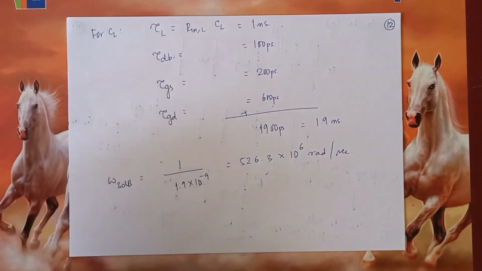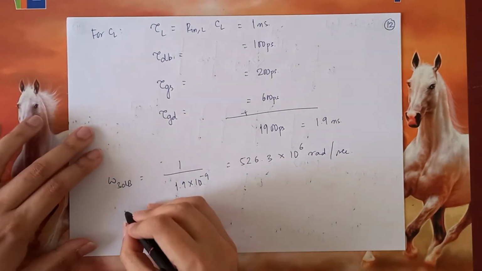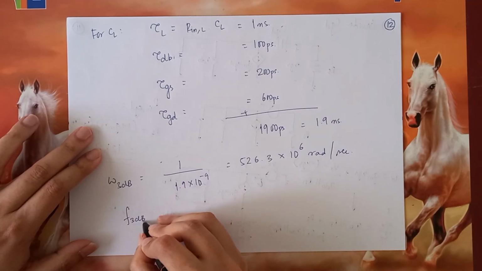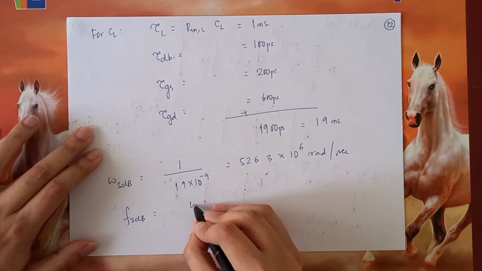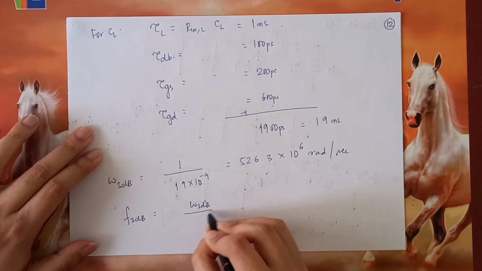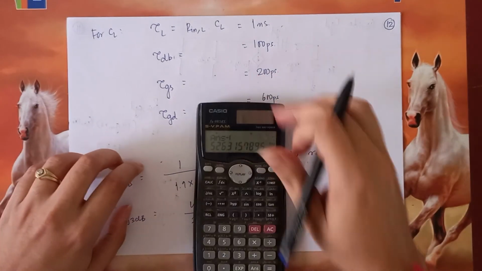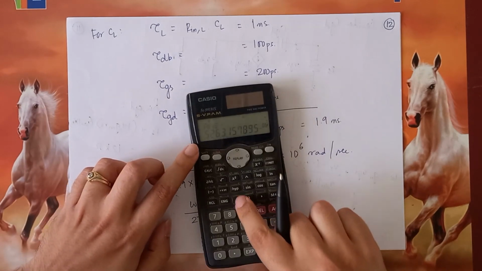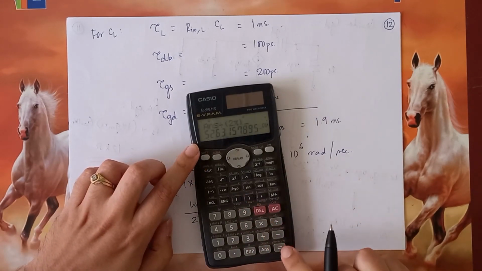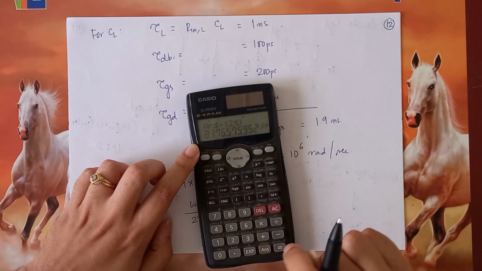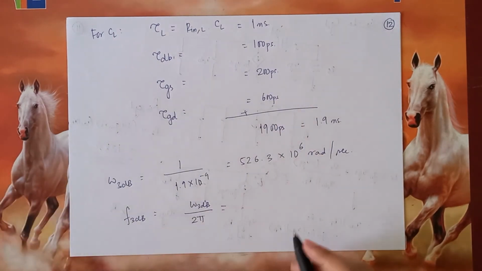So if you want to convert this into the frequency, that is f3 dB, this is nothing but omega 3 dB divided by 2 pi. So this comes out to be roughly about 84 megahertz.